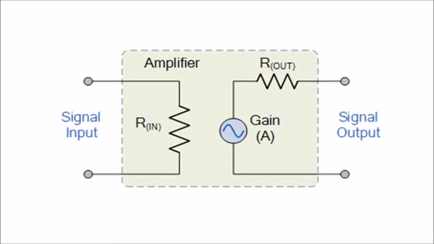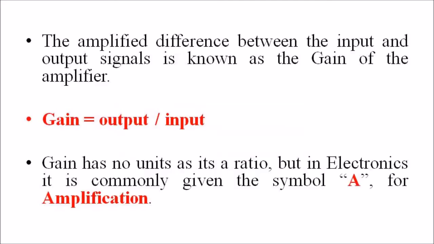No matter how complicated an amplifier circuit is, a general amplifier model can still show the relationship of these three different properties. So the amplified difference between the input and the output signal is known as the gain of the amplifier, and gain is basically a measure of how much an amplifier amplifies the input signal.